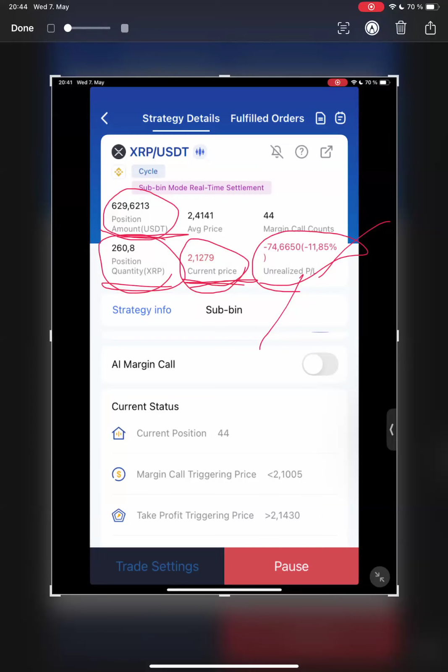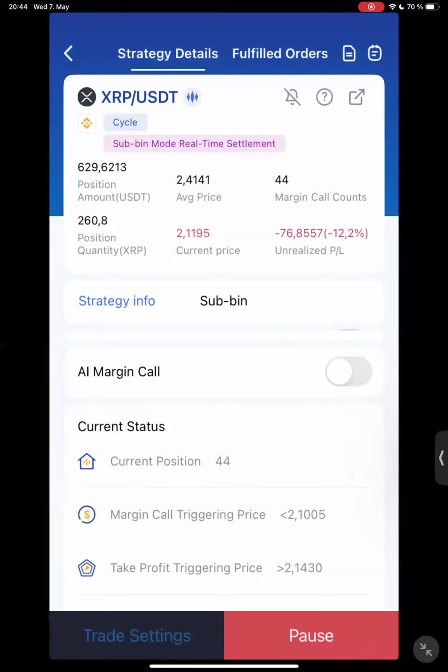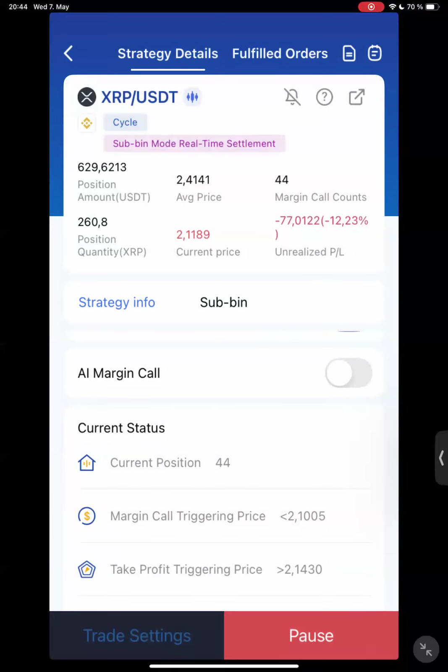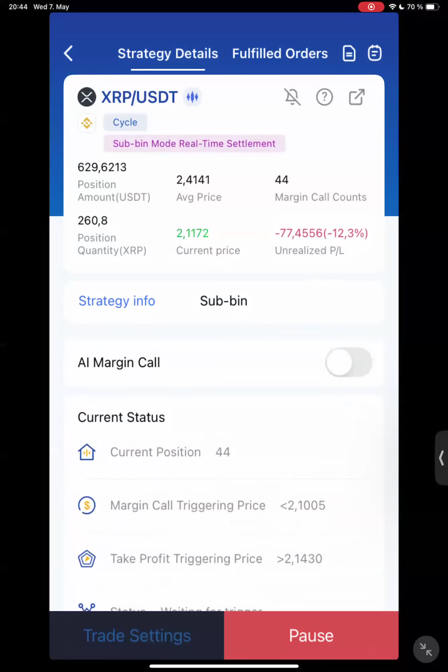So this trade is on an unrealized loss. Why? Because it's negative 11.85. It's not in positive. If it were in positive, it would have been unrealized profit. Do you understand? Okay. So let us continue.